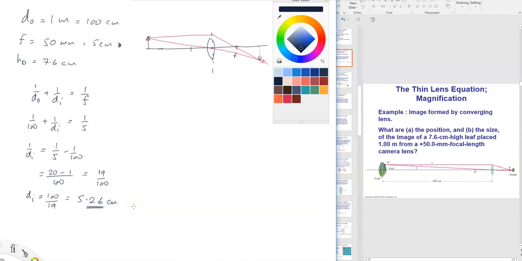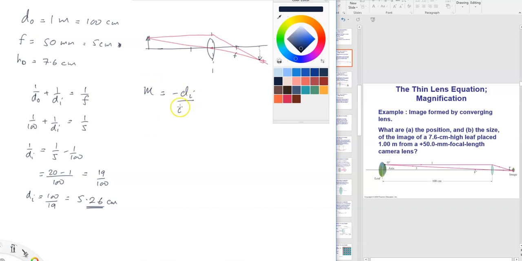So the diagram is correct. It's positive for a lens. Positive means it's on the other side, right? Okay. That's the position of the image. Let's find the magnification.